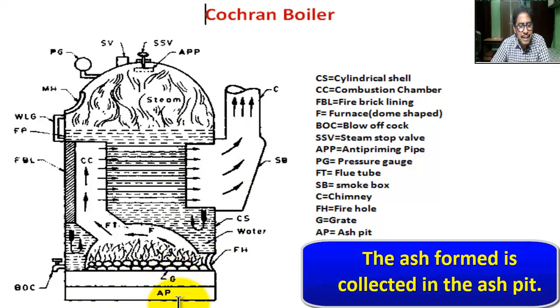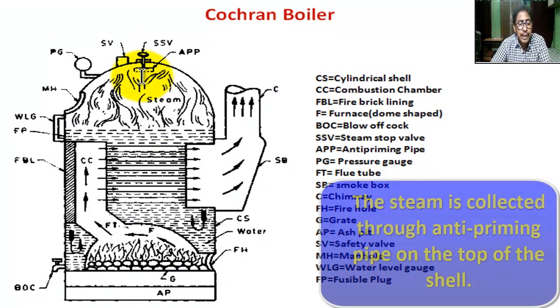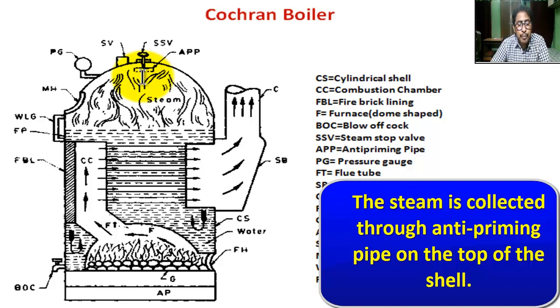Now the ash formed is collected in the ash pit. Steam is collected through the anti-priming pipe on the top of the shell.